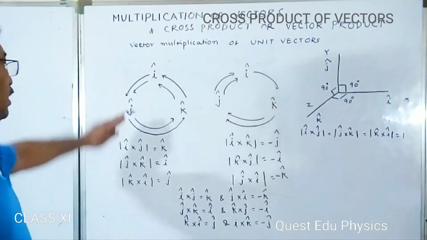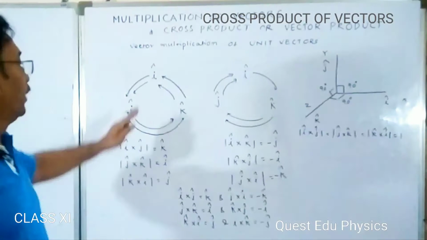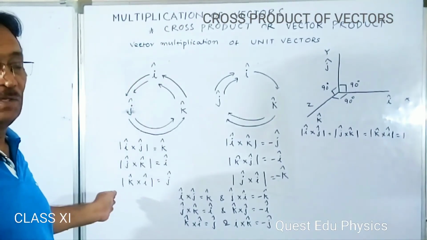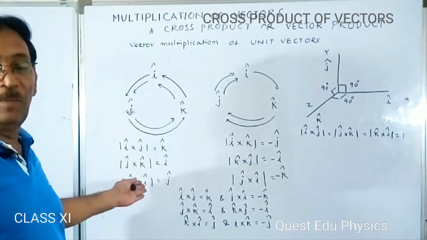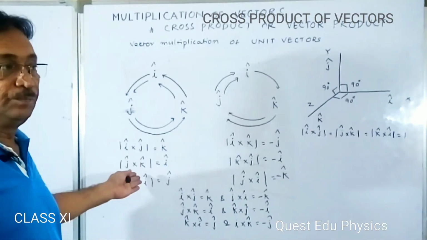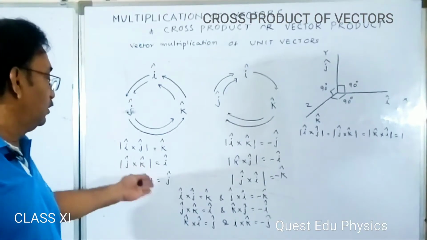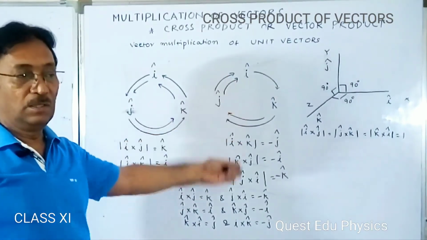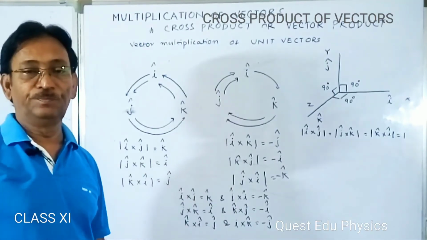That means what? If you multiply them in anti-clockwise direction, the resultant vector is a positive one. If it is in clockwise, then it will be negative.